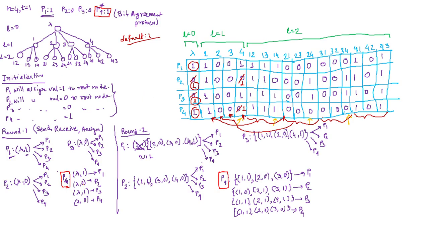So what were the contents? The root node has 1 and the next level nodes have 1 0 0 1, okay.